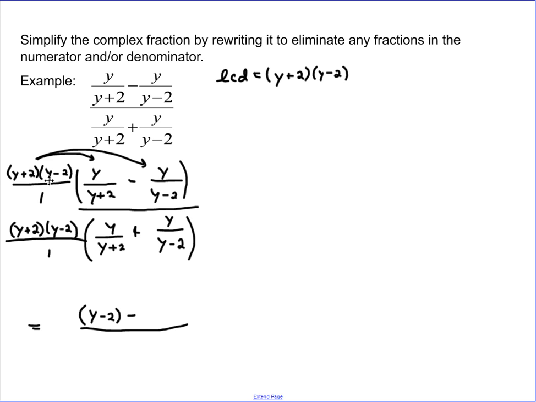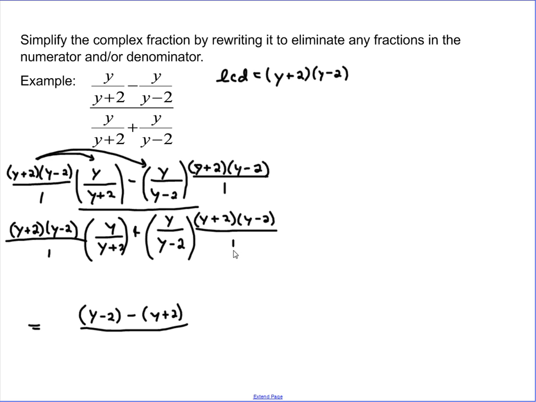In that case, the y minus 2's cancel, leaving us with y plus 2. If it helps to see it, you can distribute that y plus 2 times y minus 2 to both terms individually so that it becomes a little bit more apparent what does and what does not cancel. Same thing in the denominator.